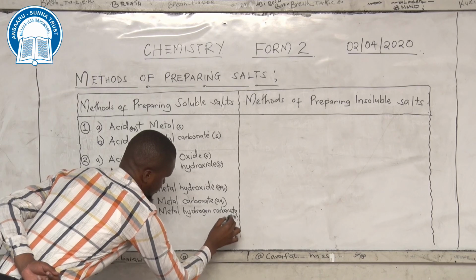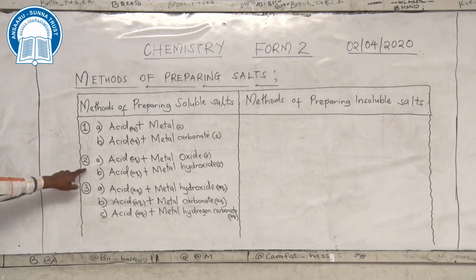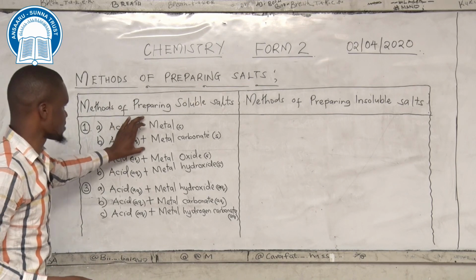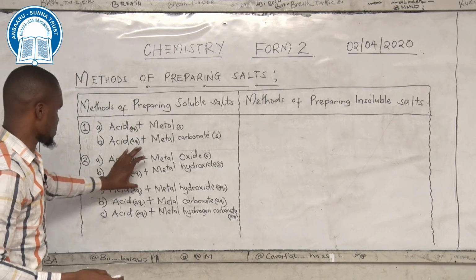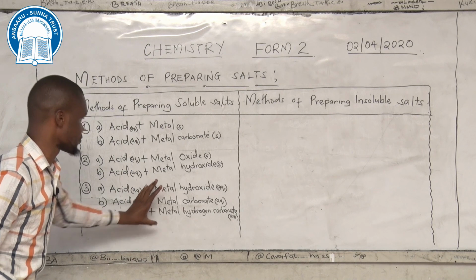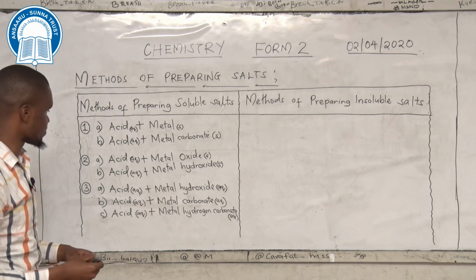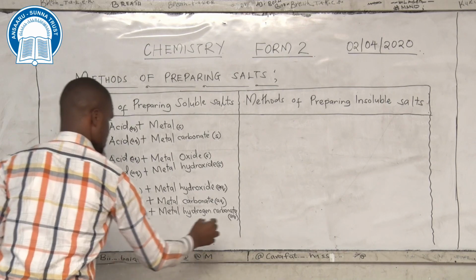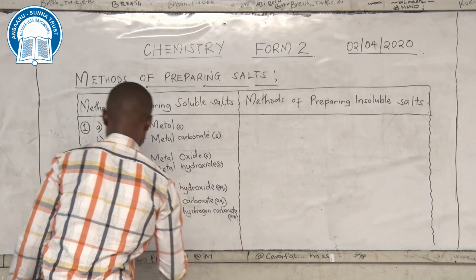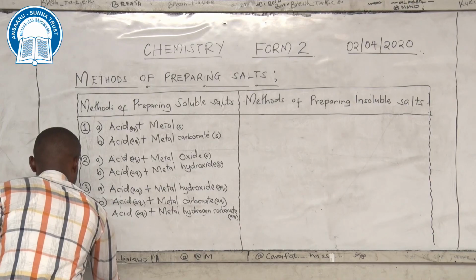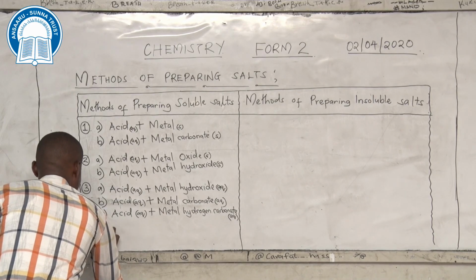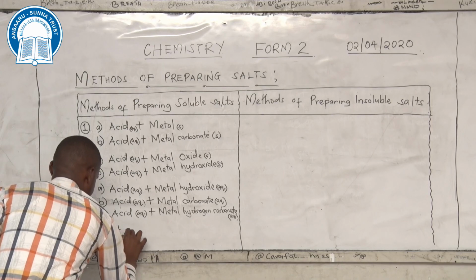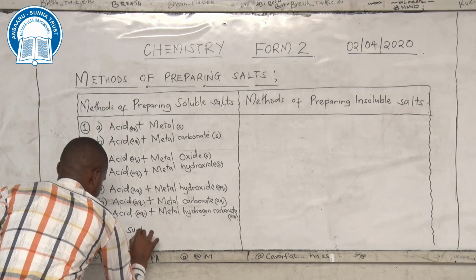I have categorized all of them into 1, 2, 3. The ones in category number 1 have some similarity, and there is also similarity here that we'll discuss as we discuss these methods one by one. Then number 4, a method that can be used on both sides, is direct synthesis of salts.